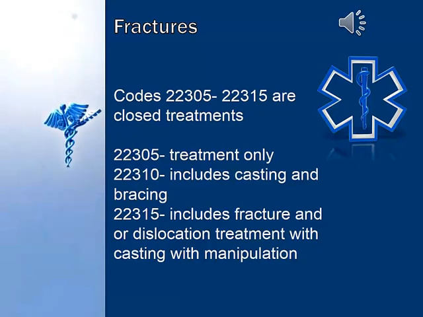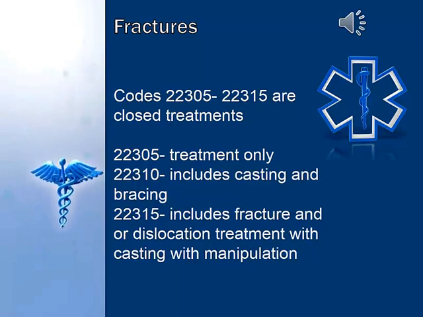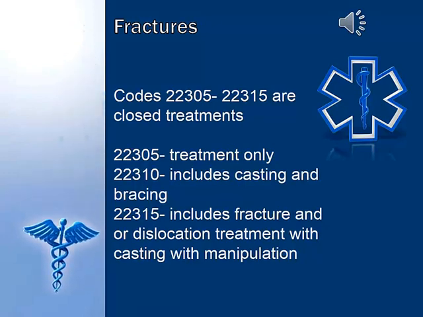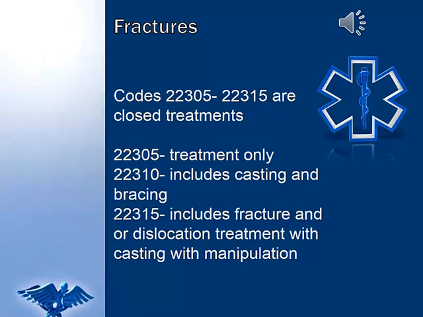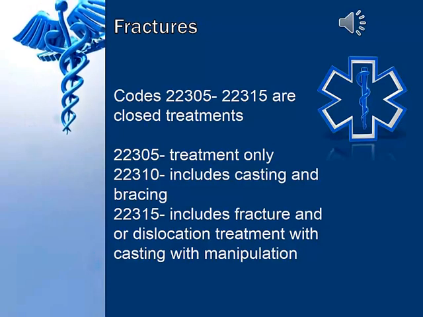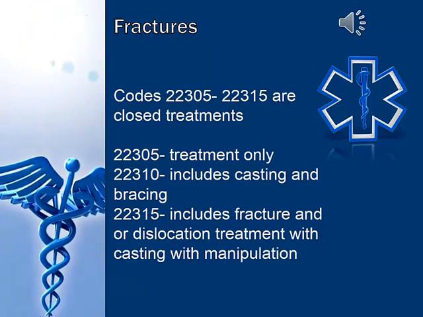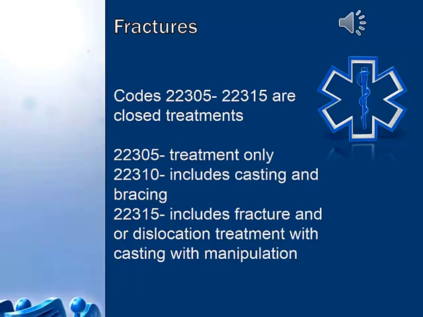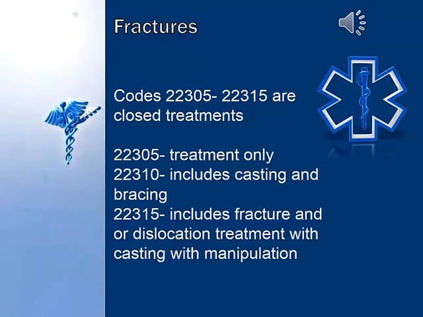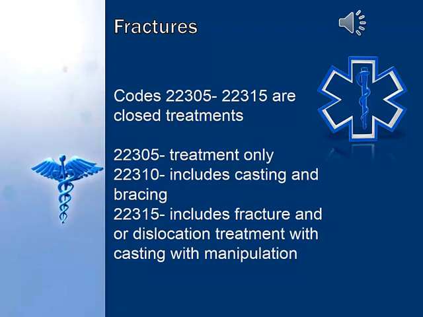In the situation where Modifier 62 is needed for procedures 22318 to 22327 and as appropriate to use the associated add-on code 22328, as long as both surgeons continue to work together as primary surgeons. Okay? And all that information came right out of your CPT book and your guidelines.